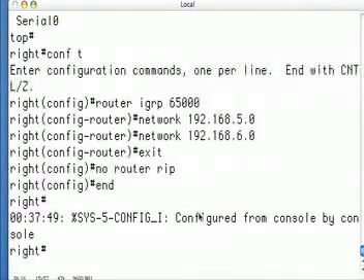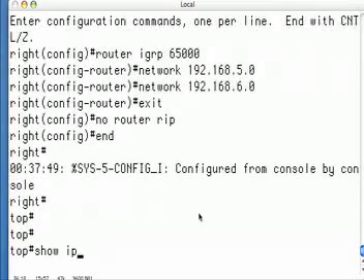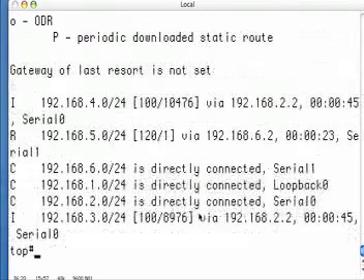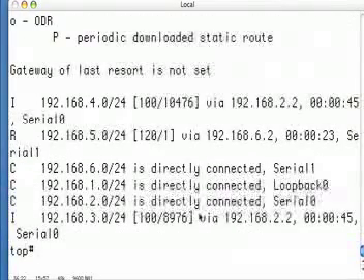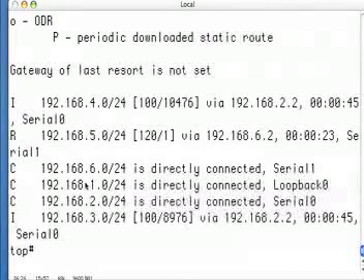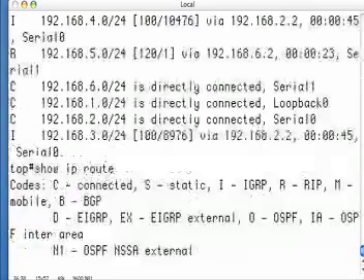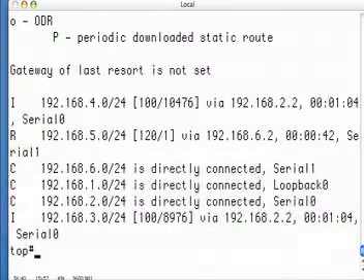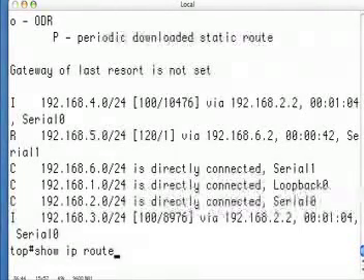Let's go back to the top router, show IP route. 192.168.5.0 is still RIP. So I've enabled that in IGRP on the right router, but I haven't received the route advertisement yet. And I believe that if I just wait some time, I will receive the advertisement.